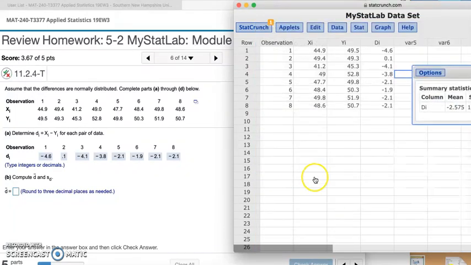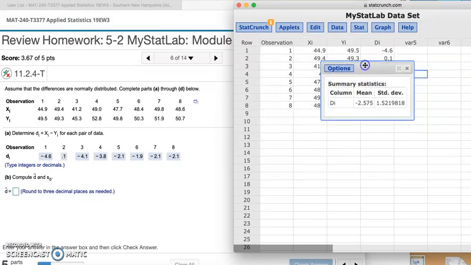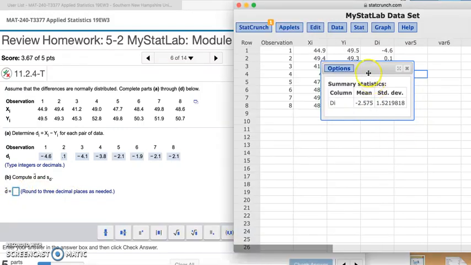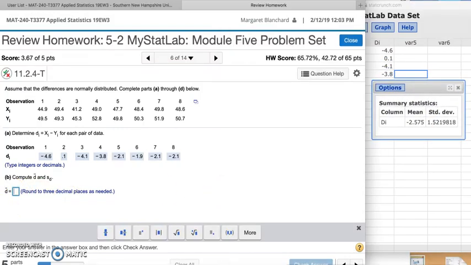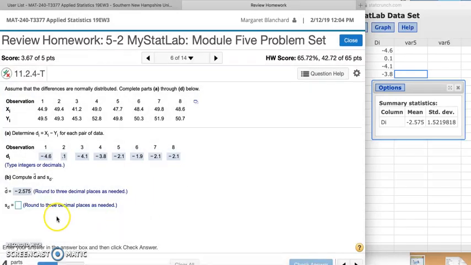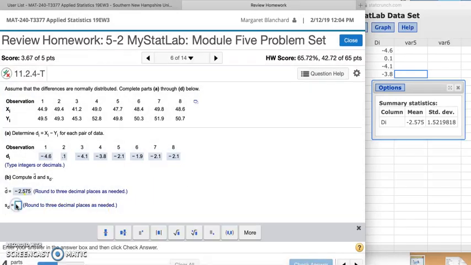So let's click Compute. What do we get there? We get negative, okay, round to 3 decimal places. So negative 2.575, check answer. That was right. And then the standard deviation we also have, that's 1.522 since we're rounding to 3 decimal places.